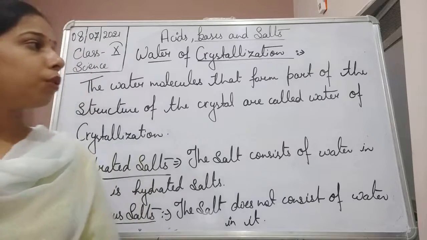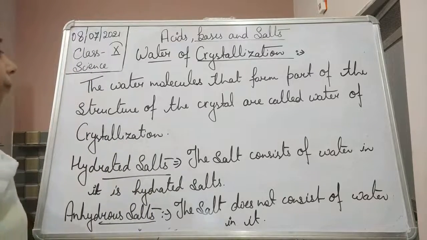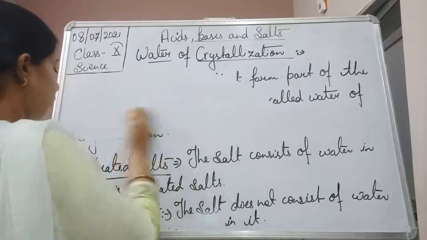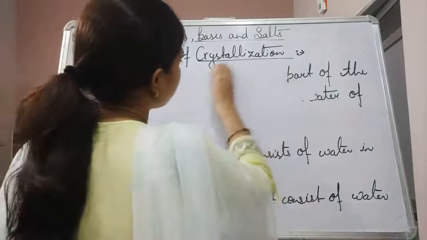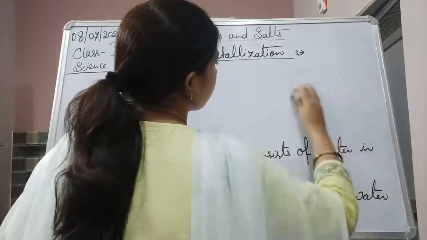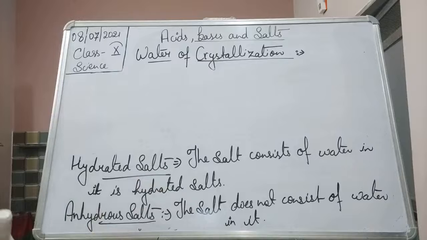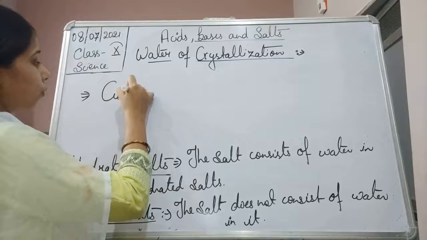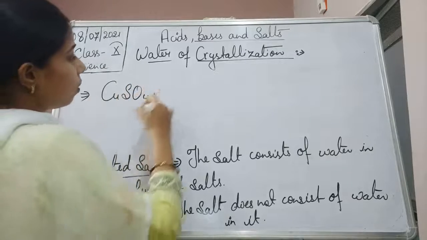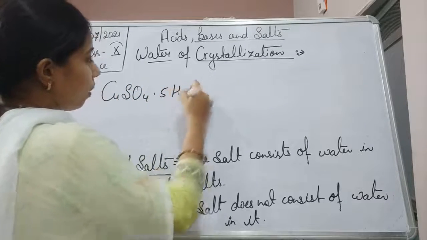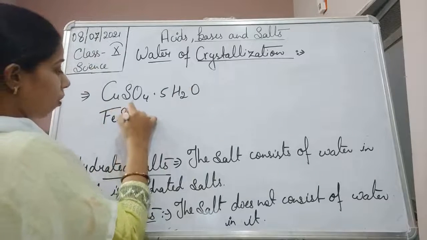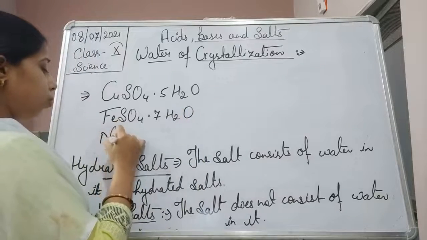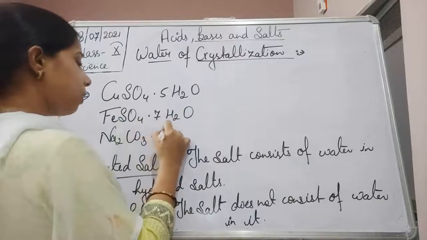For example, students, there are a lot of examples. Let me write here the names: CuSO4·5H2O, FeSO4·7H2O, Na2CO3·10H2O.